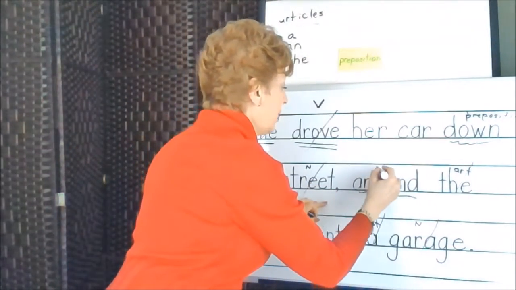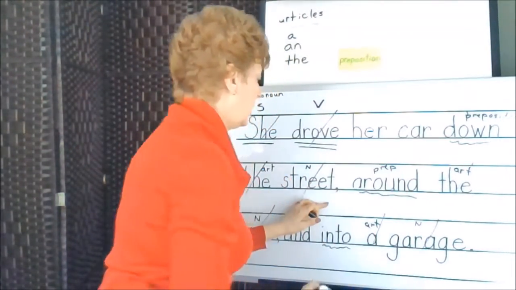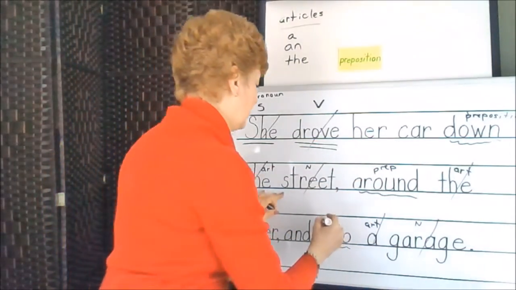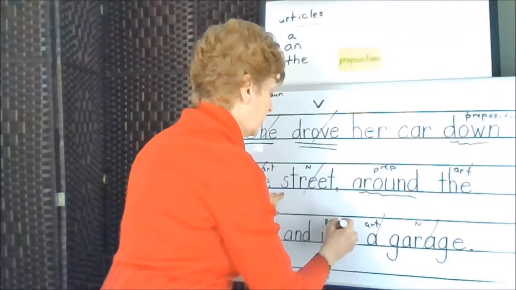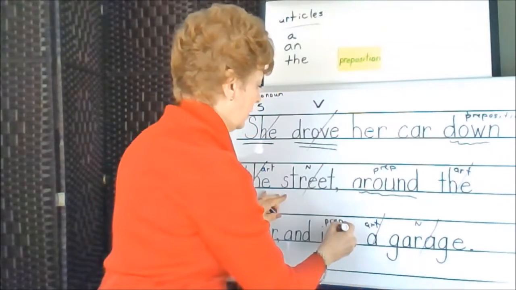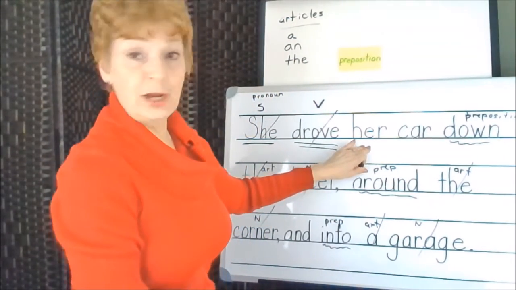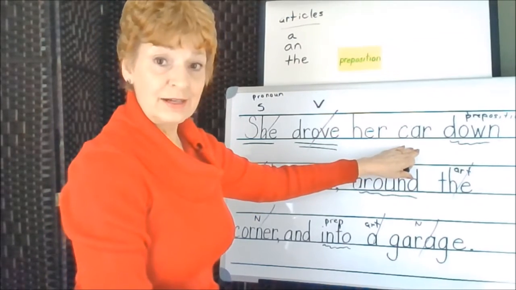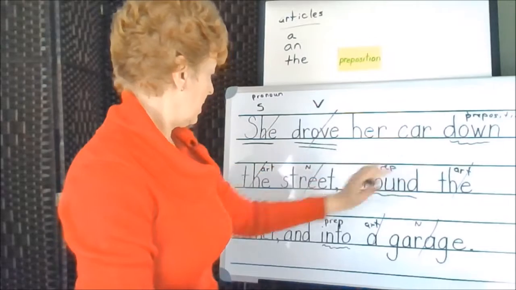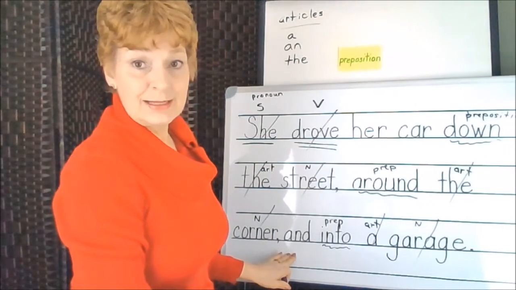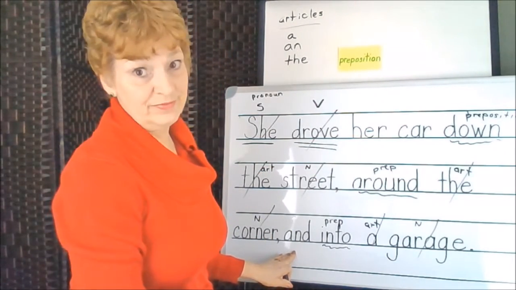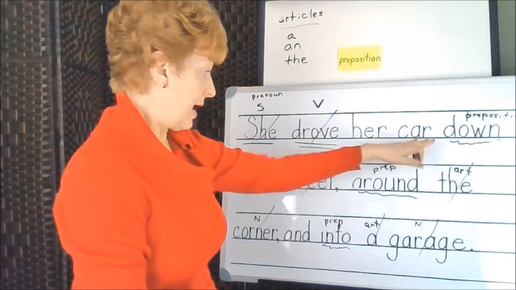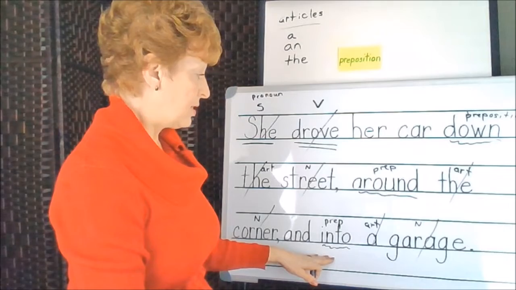This is also a preposition. And into a garage? Yes, that is a position. Is her a position? Not really. Car? No, that's a thing. And? Is and a position? No. So we have now identified down, around, and into as prepositions.